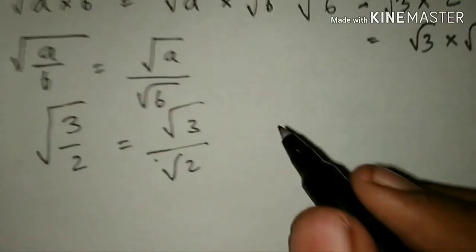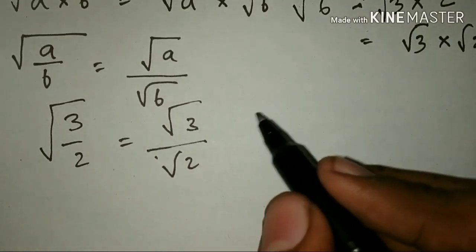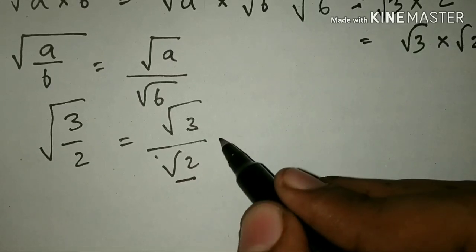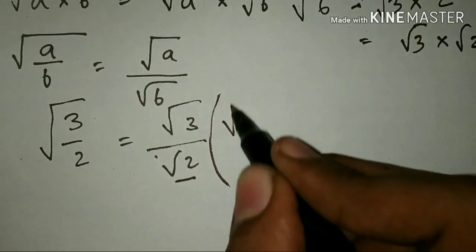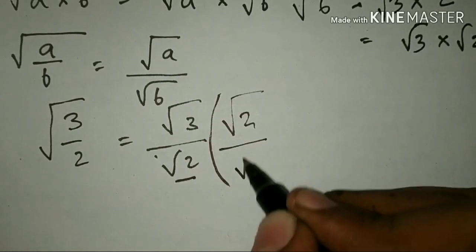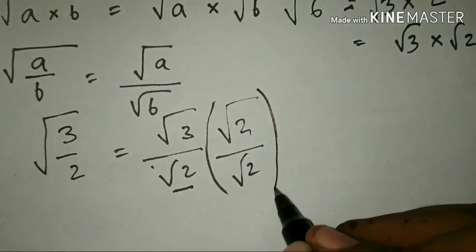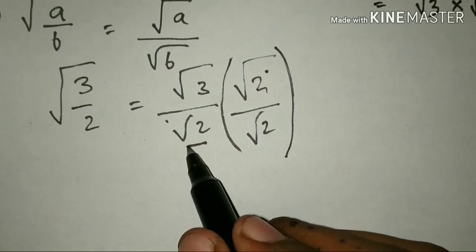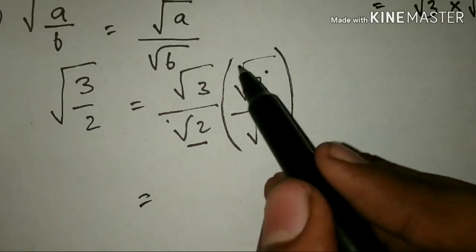And of course, we should know how to rationalize. Suppose we have a radical sign, or the root sign, in the denominator. So we multiply the numerator and the denominator by the same radical. Here we multiply with root 2 because I have root 2 in the denominator. So what happens?